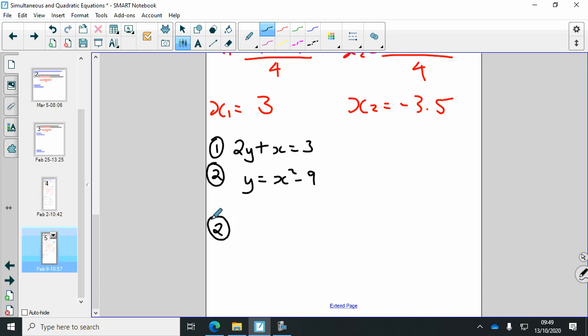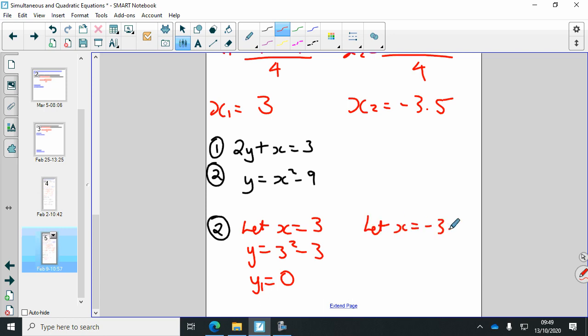So letting x equal 3, as per the first answer for x, that means that y is going to be 3 squared minus 9. So y is equal to 0. We'll call that y1. And then letting x equal minus 3.5, and subbing that into equation number 2, y is going to be minus 3.5 squared minus 9.